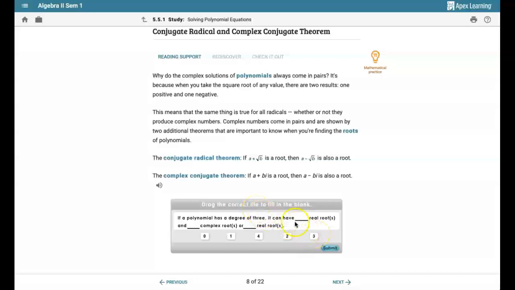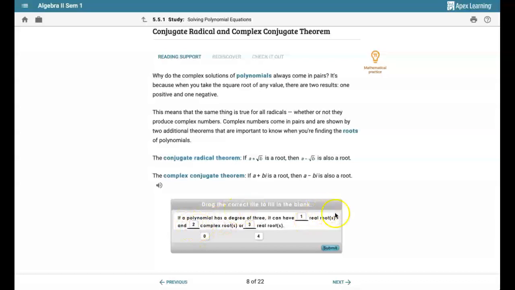So if we have 3 real roots, that means we can have 0 complex roots. The way they're trying to say this is, if I have 1 real root, I can have 2 complex roots, because complex roots come in pairs.